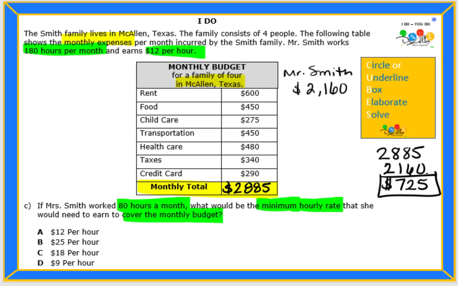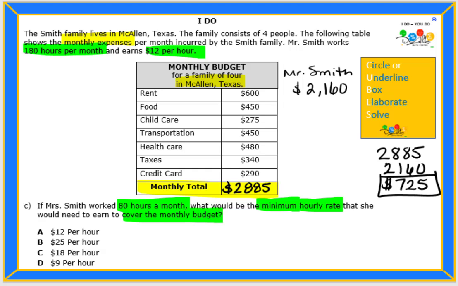So now this is where this question comes in. If Mrs. Smith is going to work 80 hours a month, so she's taking a part-time job, what amount of hourly rate will allow her to cover this part of the expenses, the $725? What we know, we can write as an inequality.